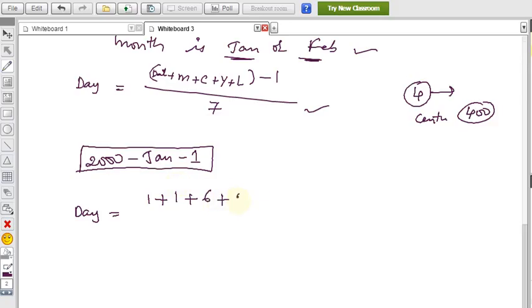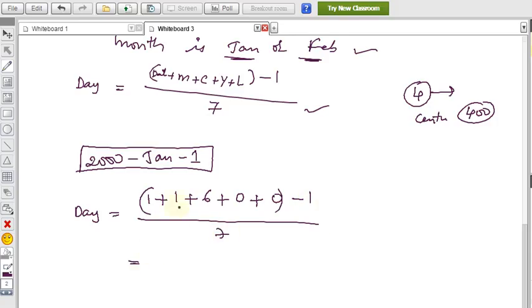Plus years is 0, so the number of leap years is also 0. This is a leap year and the month is January, so we need to subtract 1, then divide by 7.